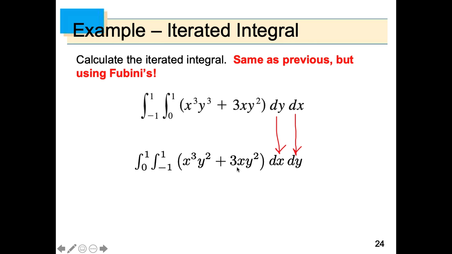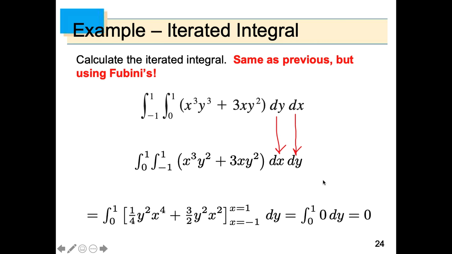First I'm going to integrate this with respect to x. That means this is going to become 1/4 x to the 4th, and this is going to become 1/2 x squared right here. We integrate from 1 to -1. That already is going to give me a 0 right away. And then we all know from calculus 1, the integral of 0 is going to be 0.